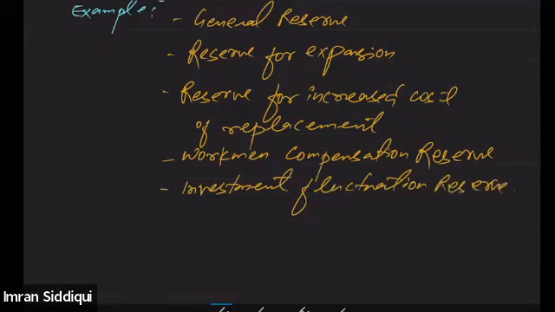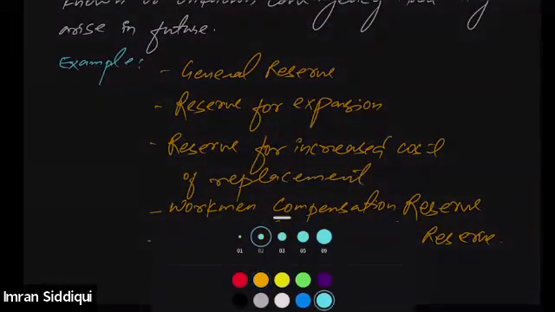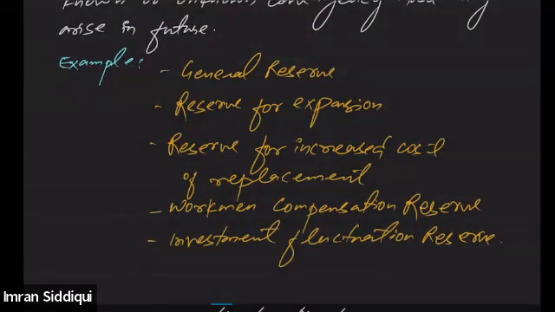Now, how is it different from provisions? These reserves are made for some contingency that may or may not arise. We are not sure about the contingency that will be arising in future. Like here, I have written an example. Workman compensation reserve is made to compensate the workers in case some mishap happens with an employee or any workman.